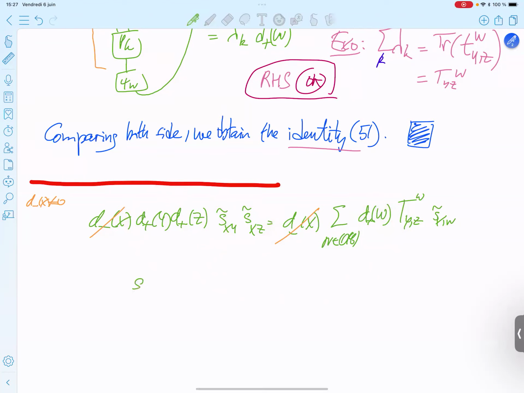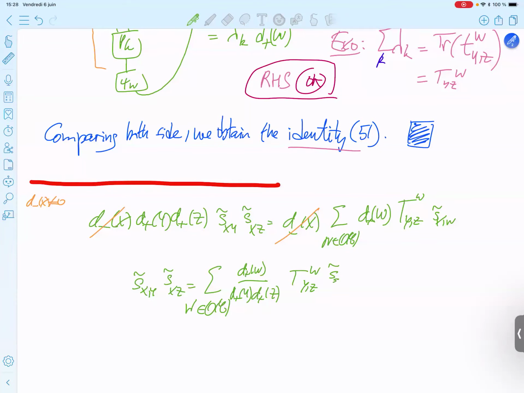So you get s tilde xy s tilde xz equals the sum over w simple in C of d plus omega, d plus w divided by d plus y d plus z, T y z w s tilde x w.